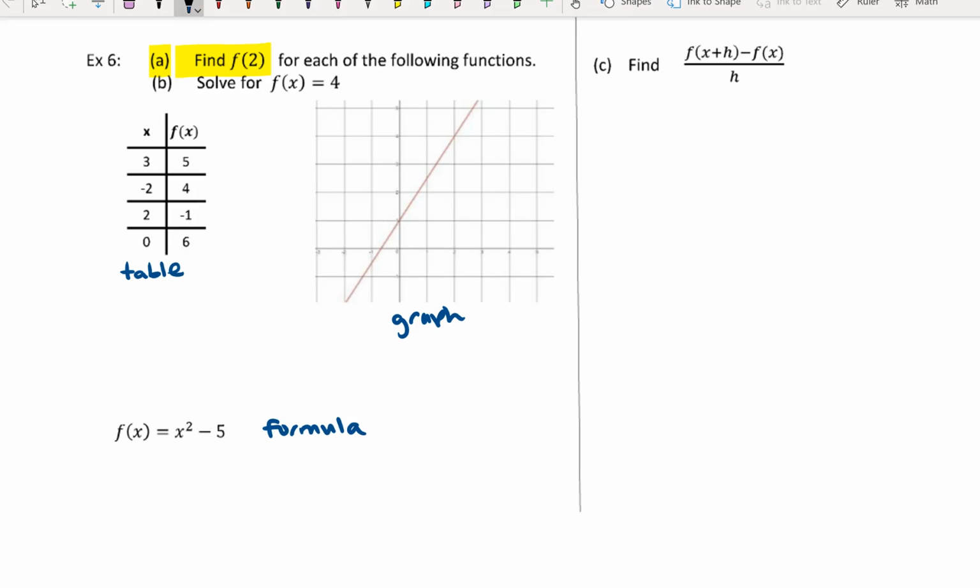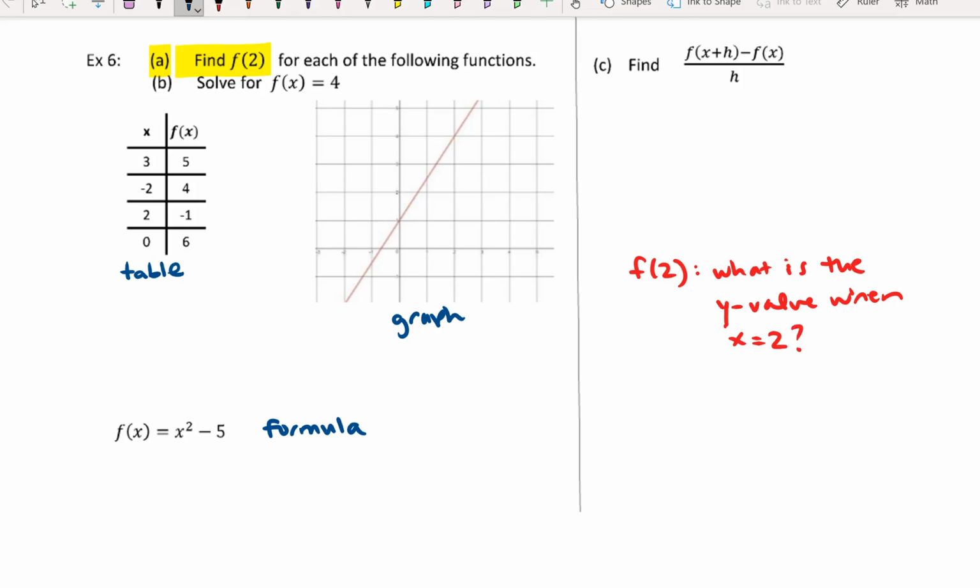So if I want to talk about what it means to be f of 2, let me write this on the side just to jog our memories. F of 2 is asking for what is the y value when x equals 2.